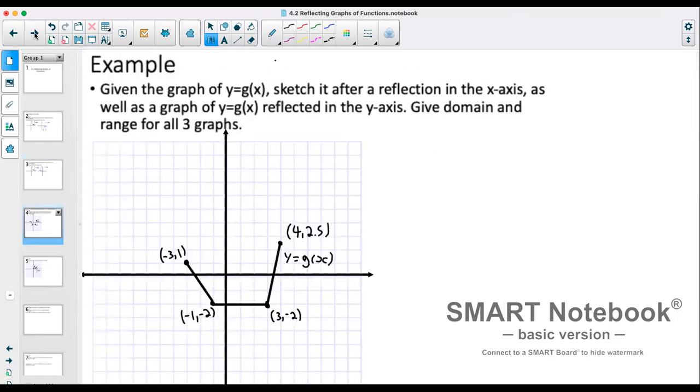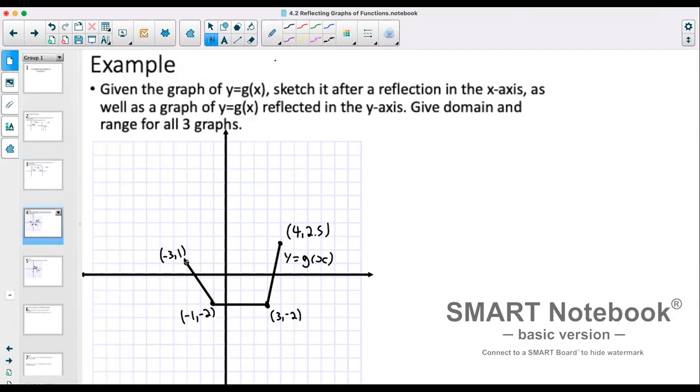Okay, so we'll look at an example. Given the graph of y equals g of x, sketch it after reflection in the x-axis, as well as reflected in the y-axis. We'll also give domain and range for all three graphs. So here's our graph of y equals g of x. So first one I'll do is reflect it over the x-axis.